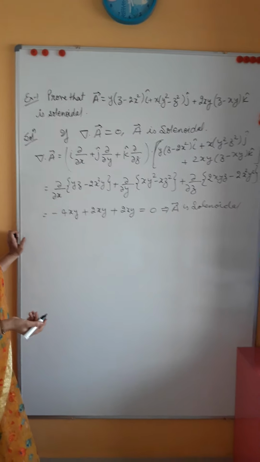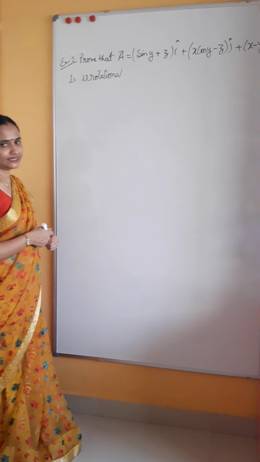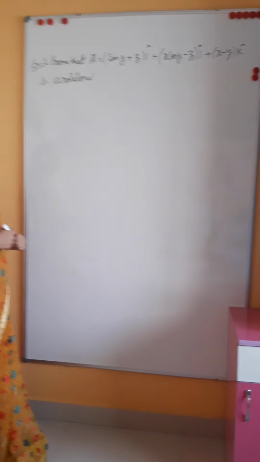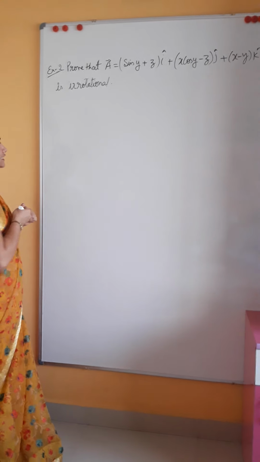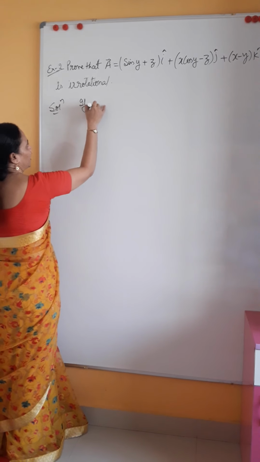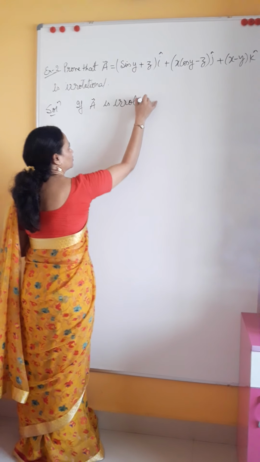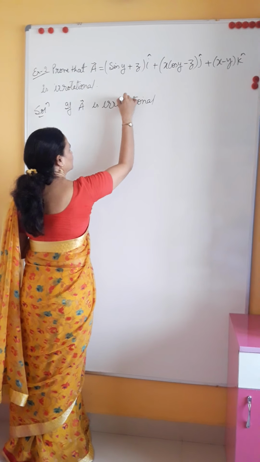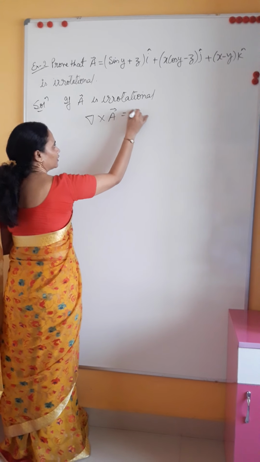Now let's take an example for irrotational vector. In the next example, we have to prove that this given vector A is irrotational. So what is the condition for irrotational? If A is irrotational, then curl of A must be a null vector.